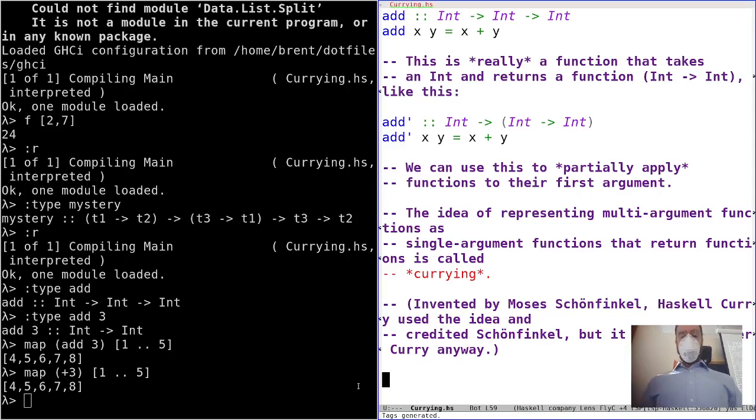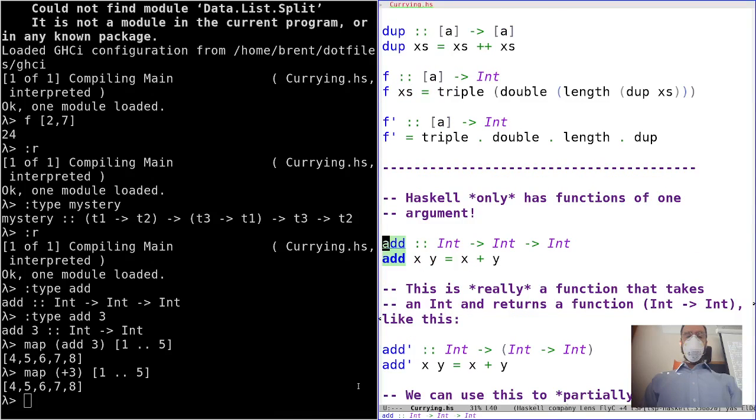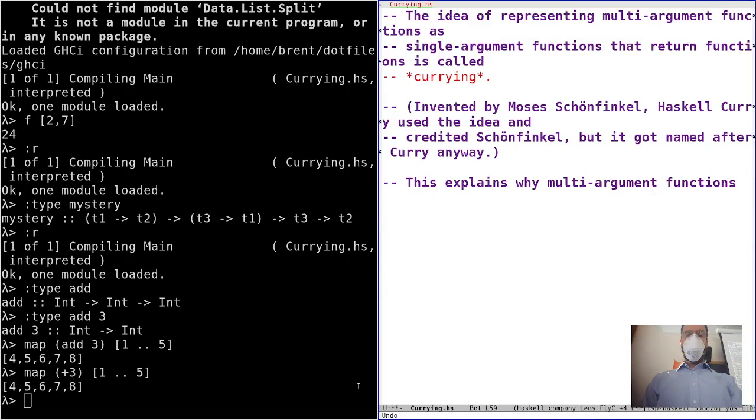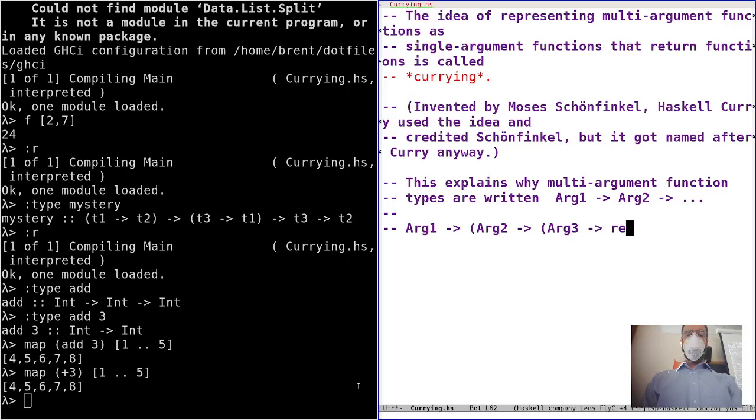So this explains why the type of add is written like this. This explains why multi-argument function types are written arg1 -> arg2 -> arg3 -> result, because it's really arg1 -> (arg2 -> (arg3 -> result)).